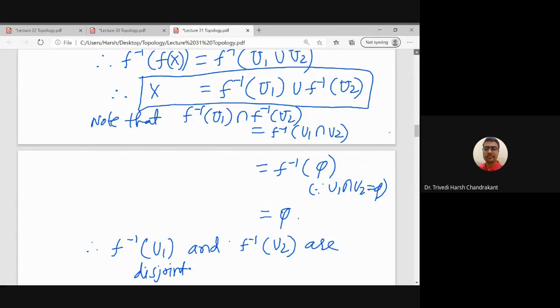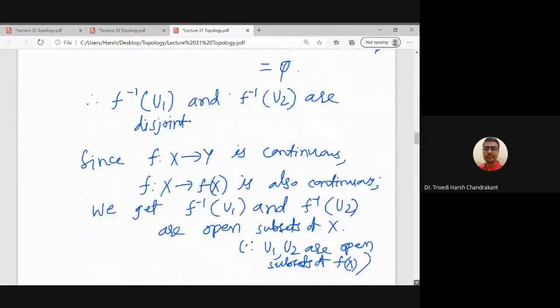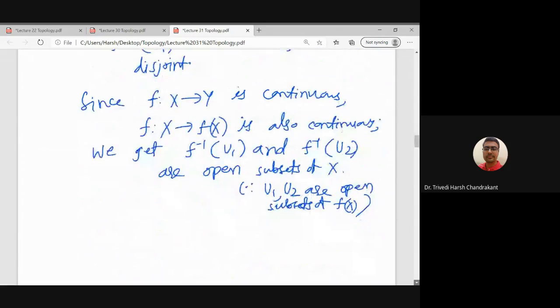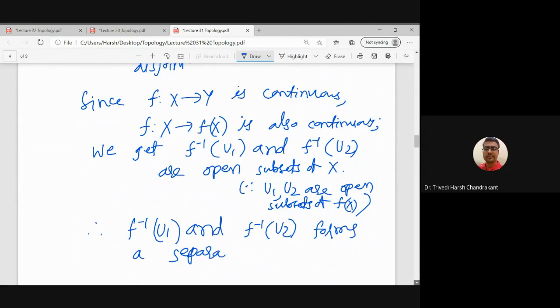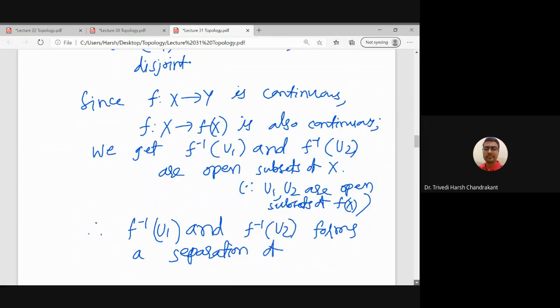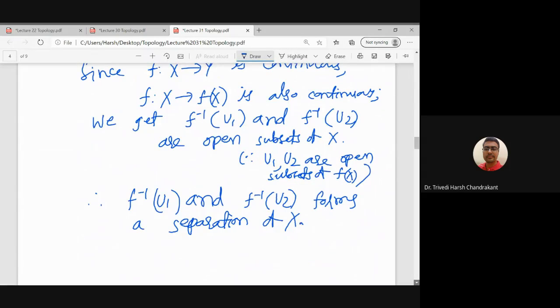Right? So therefore, f inverse U1 and f inverse U2 form a separation of X. So X has a separation. So therefore, X is disconnected.